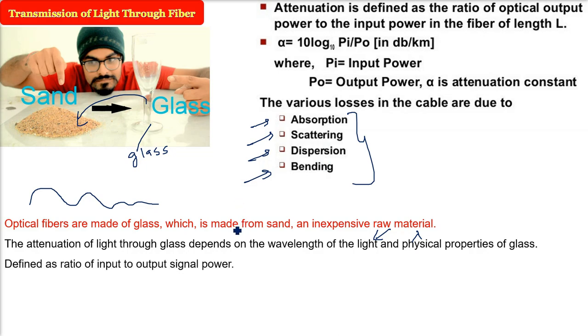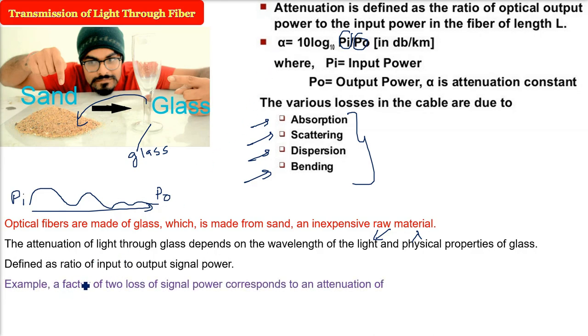Now we always compute the losses in terms of decibel. In order to do that, we define a ratio of input to output signal power. Assume Pi is the input power and Po is the output power. In order to find it in decibels, we use 10 log base 10 of Pi by Po.